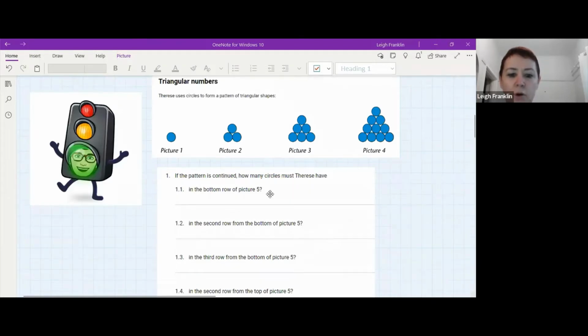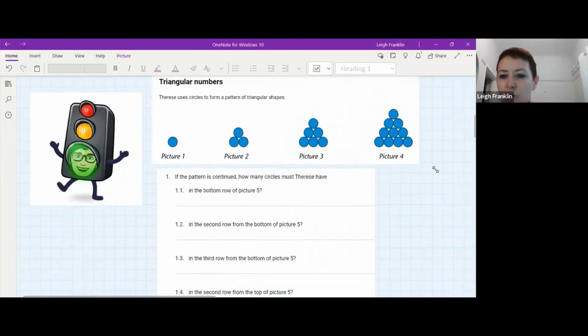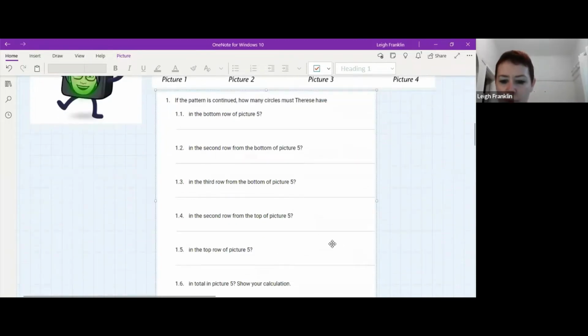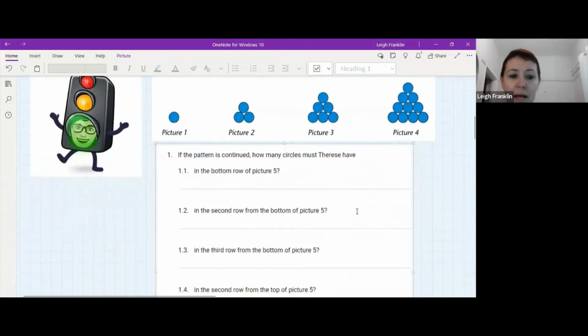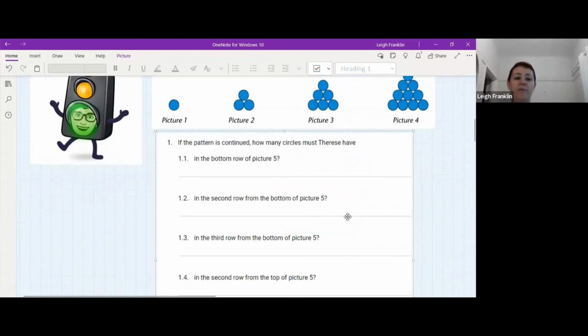Okay, so I might have to move the screen up so you can see all 6 questions. But let me just go through the questions with you, but you should be able to do this by yourself now, okay? Because we're going to talk about applying the skills that we've learned. So if the pattern continues in the way that it is, Teresa must have how many in the bottom row, so the bottom row of circles in picture 5.